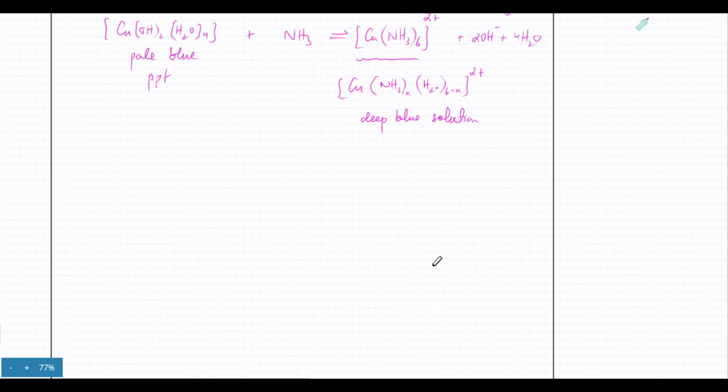And there's one more ligand exchange that we need to do, and that is with the concentrated HCl, and that involves copper as well.